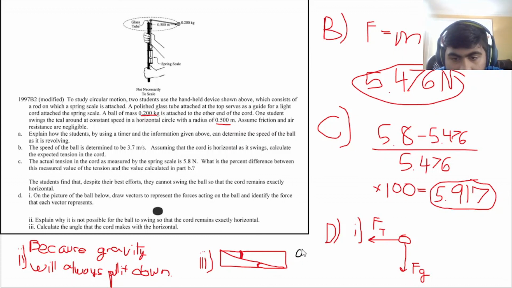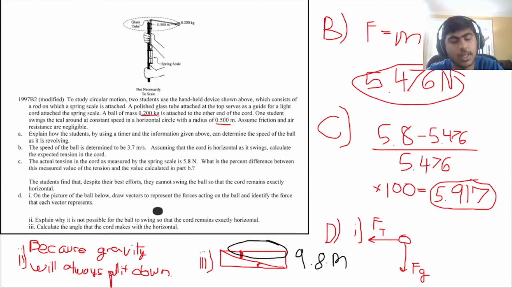So that's 9.8 times mass, which is 0.2, giving 1.96. And then this other one right here, that's the tension force. We got in part B that it's 5.476 newtons. We're going to use that value instead of the value they gave us, since that is the value it should be.